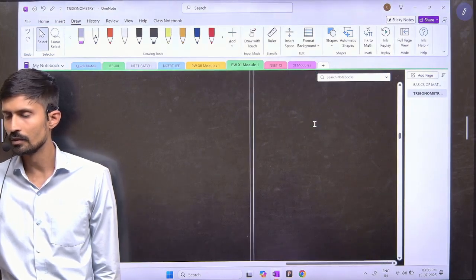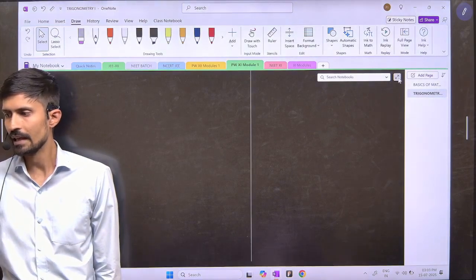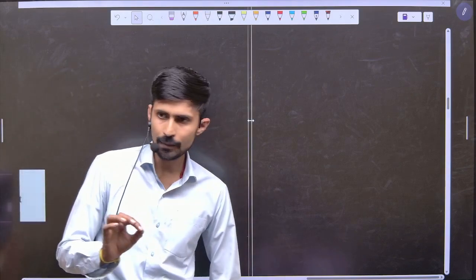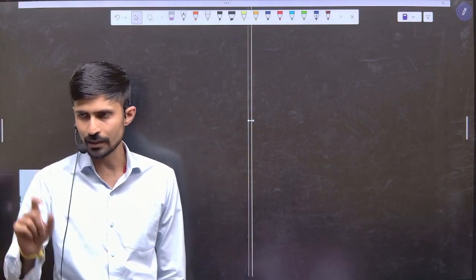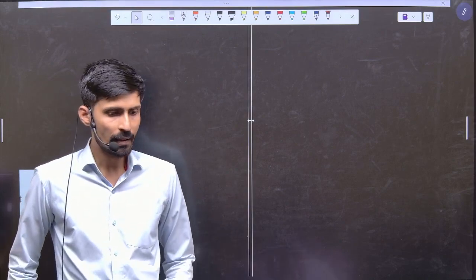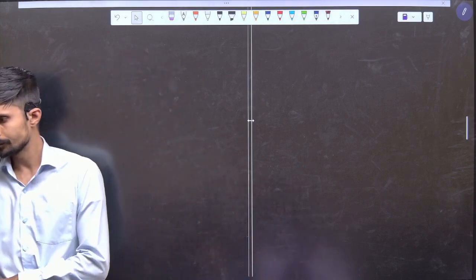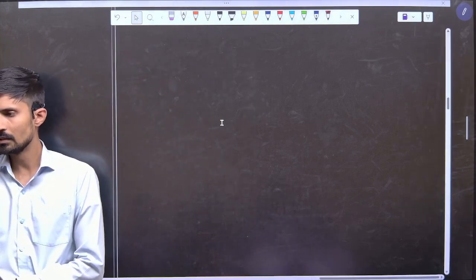Write down one thing. This is a concept from the sequence and series chapter. One small concept. Write down. Because there are a lot of questions on this in this chapter.